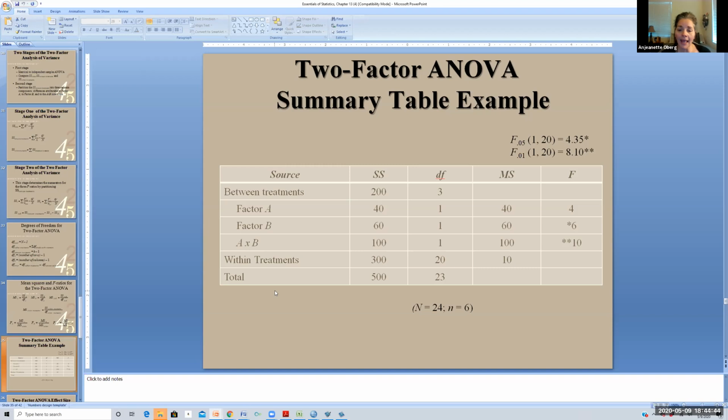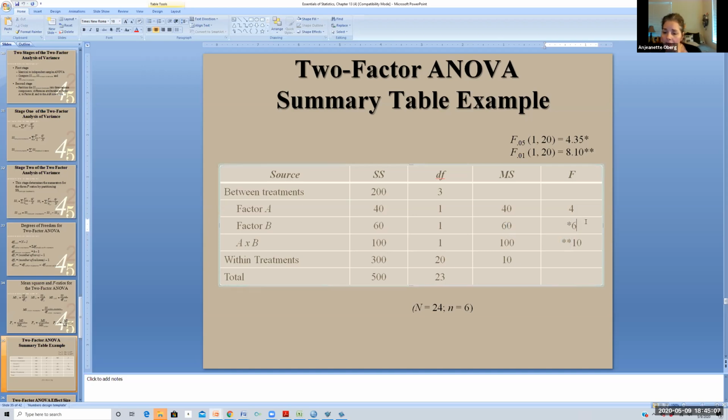Then you break up your between treatments for factor A, factor B, and the interaction. So here are your sum of squared deviation values, your corresponding degrees of freedom values, your mean squared values, and then your F ratios. And then we indicate which F ratio is significant.